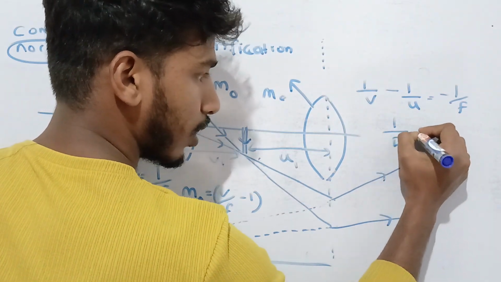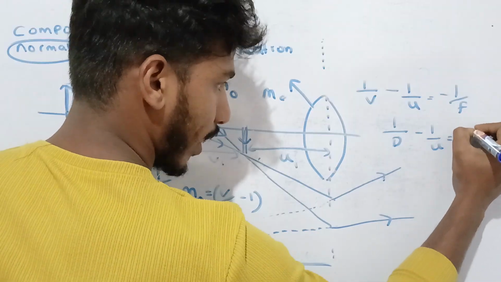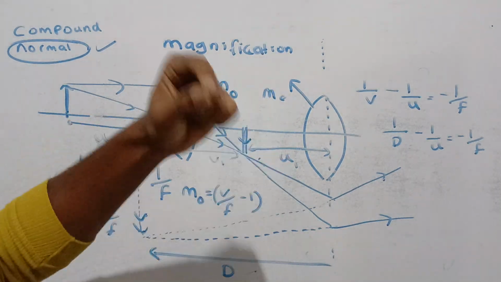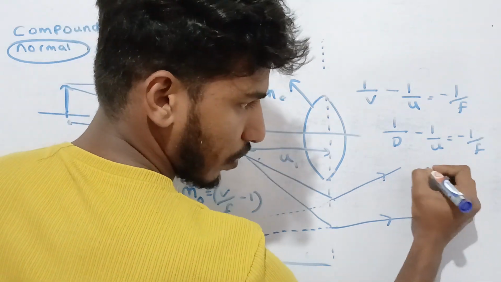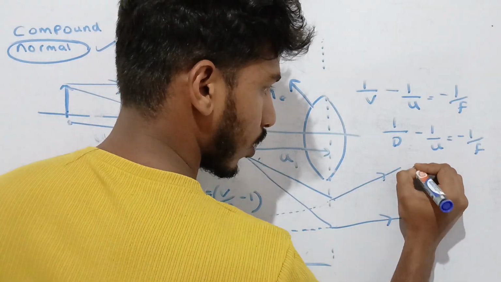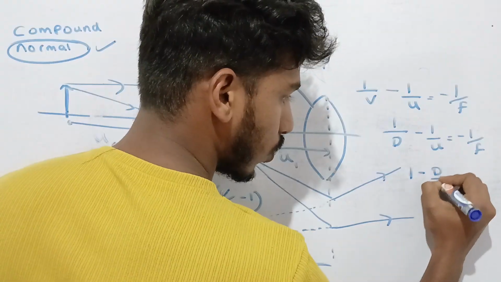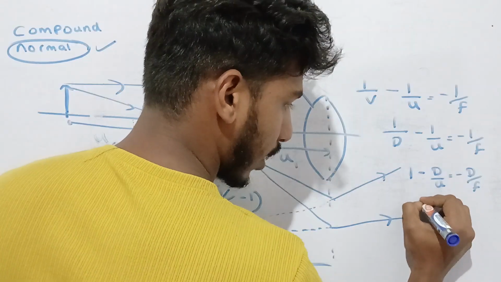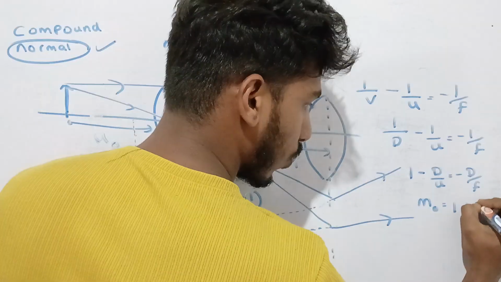So 1 over D minus 1 over u is equal to minus 1 over f, and we know that image distance over object distance gives the magnification. So I'll multiply everything by D. Eventually I will have 1 minus D over u is equal to minus D over f. So my magnification by the eyepiece is going to be 1 plus D over f.